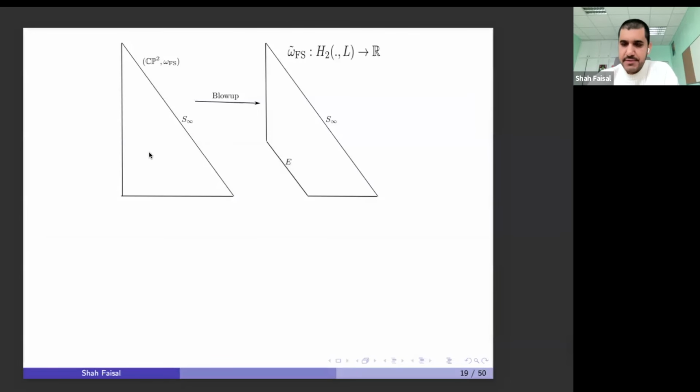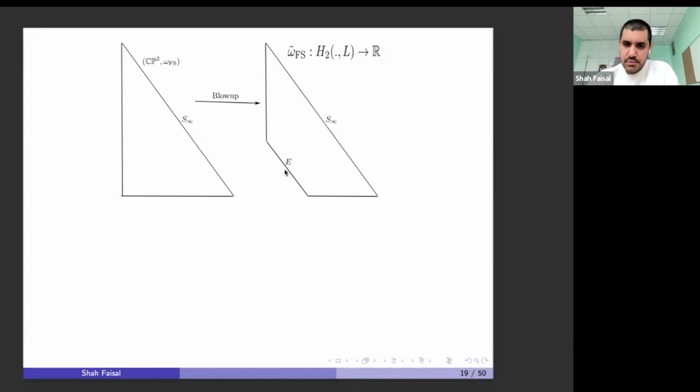But for the 0 capacity, I gave an example. You consider the tensor-Pulitov of CP2, and this S infinity is the line at infinity. You take a small irrational ball and you blow it up. It creates an exceptional sphere, and since the capacity of the ball you blew up was irrational, the area of this exceptional sphere would be an irrational number. The rank of the second homology group of this blow-up is 2, generated by E and S infinity.